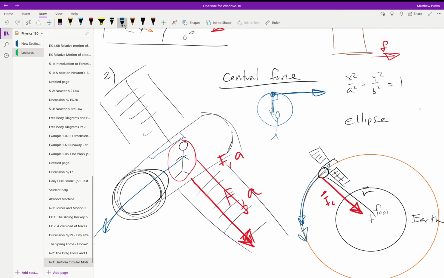It's there because frictional forces are acting on you, because frictional forces are acting on the tire. In this type of problem, a central force problem, the only thing acting on us and the space shuttle is gravity, the force due to gravity. And since the magnitude is equal, we end up traveling in the same path.